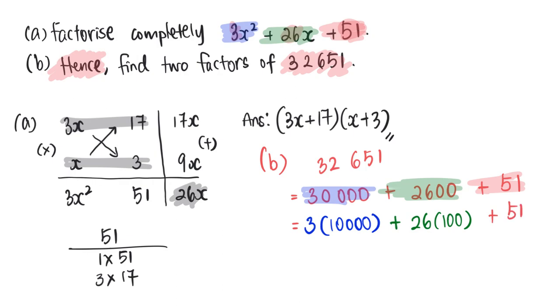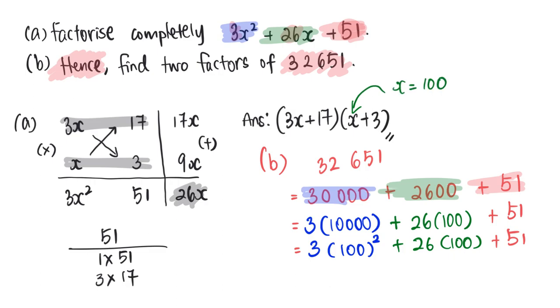So eventually you have to see that x is actually 100 because 100 square is equals to 10,000. And because now I know x can be 100, I will just need to substitute x as 100 to both to give me the factors.